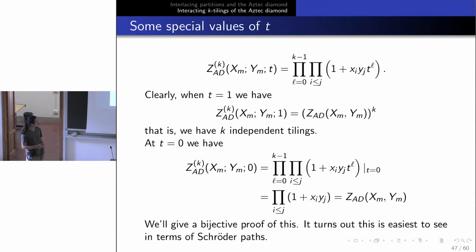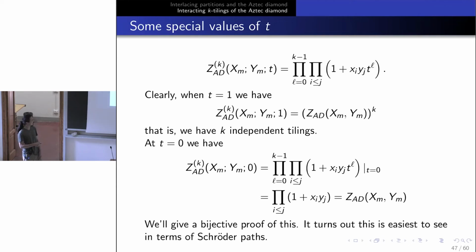But maybe surprisingly, at t equals 0, the only terms in this product that aren't 1 will be the ones where L equals 0. So in fact, we get exactly the partition function for the standard Aztec diamond. So somehow when t is equal to 0, the k-tiling degenerates into one tiling.